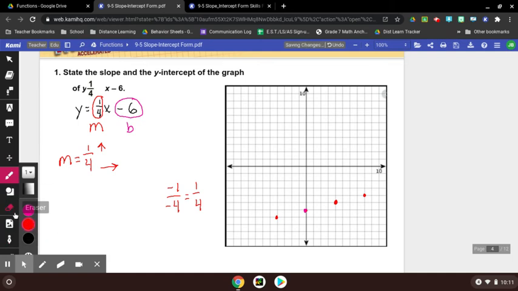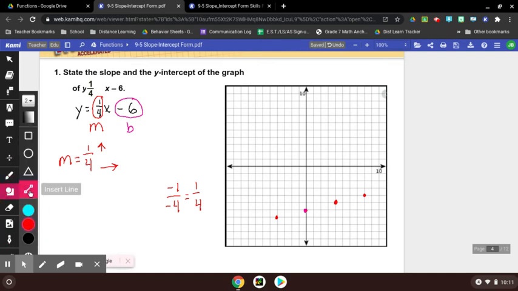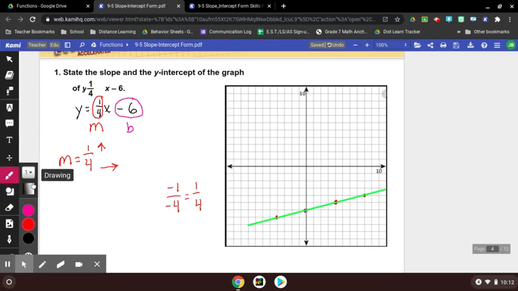So we could draw our lines that way as well. So what I'm going to do is finish this. And to finish this, we would draw a line that would pass through all of those points. Now, I do become a stickler with this next part. You should have arrows on your line. I know it sounds kind of small, but what those arrows indicate is that that line is going to go forever in both directions. Okay?